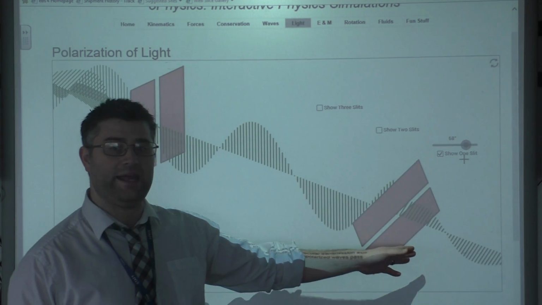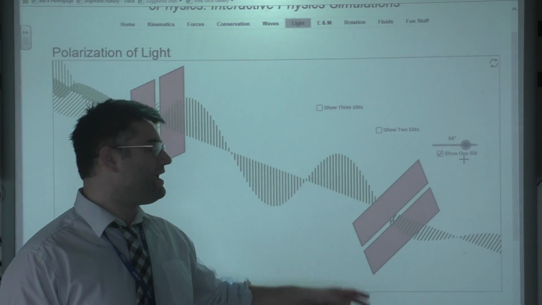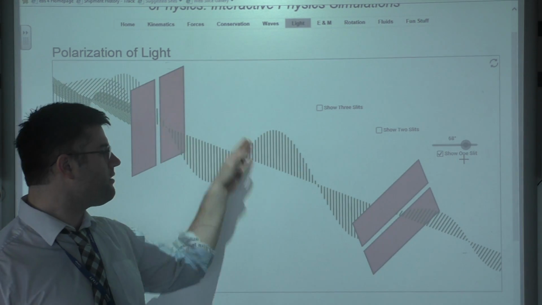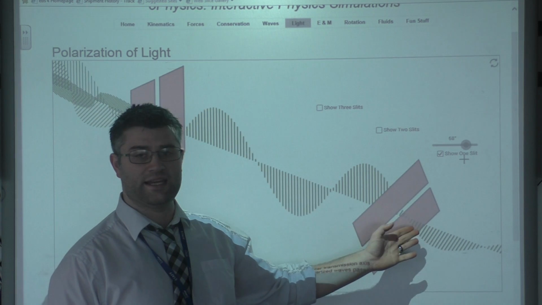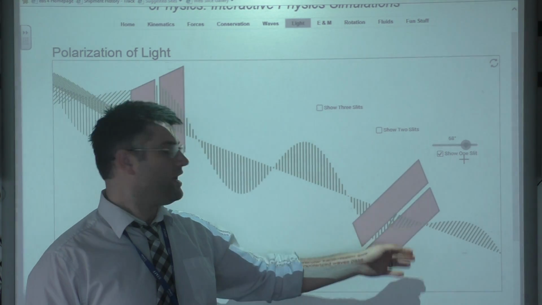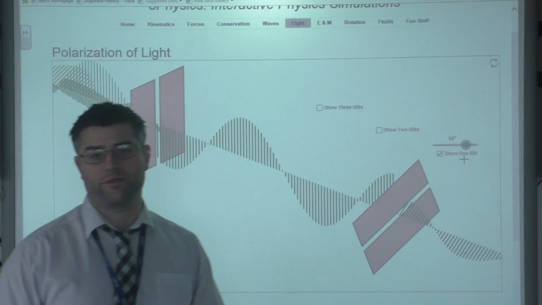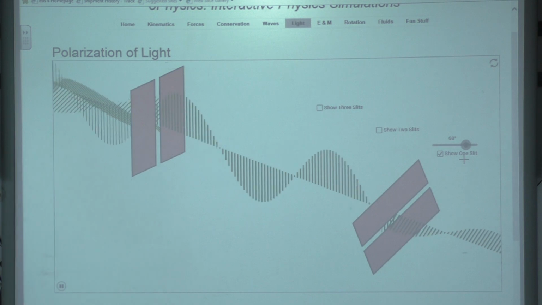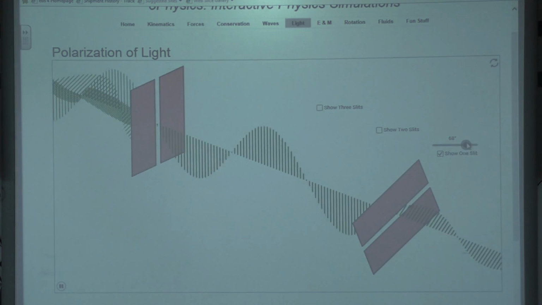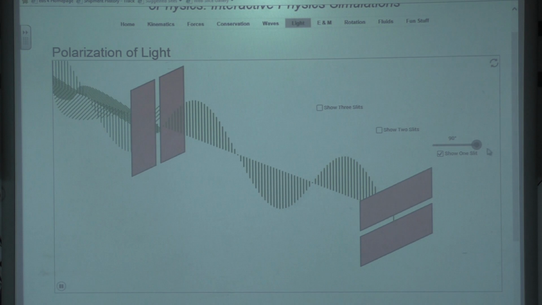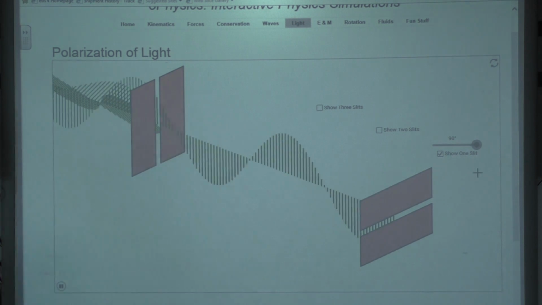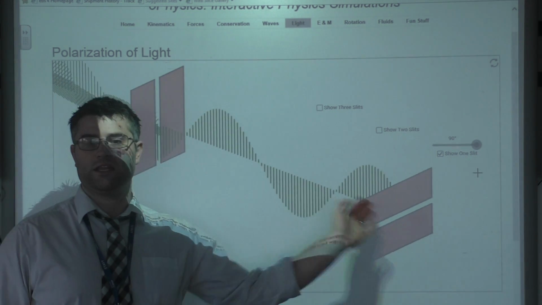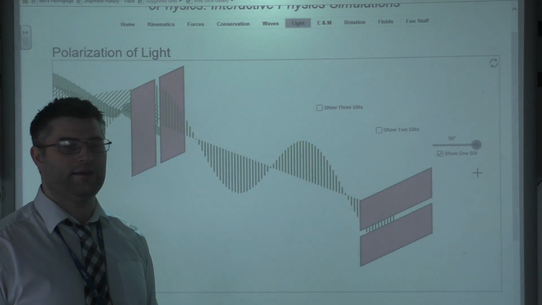It doesn't go away, because we've still got a component of this wave oscillating in that orientation, and so we can allow that component through. If I put that all the way to 90 degrees, you'll notice that the wave gets blocked entirely and we get nothing coming out this side here.